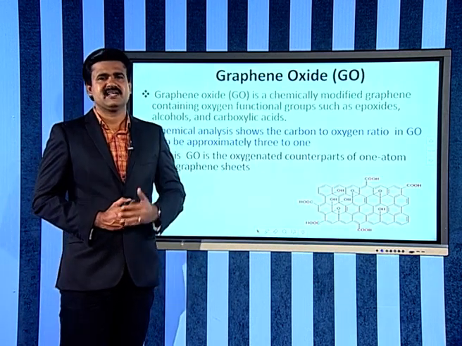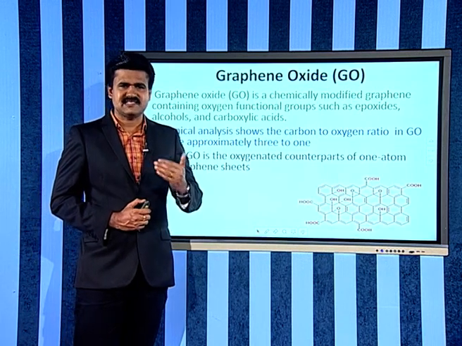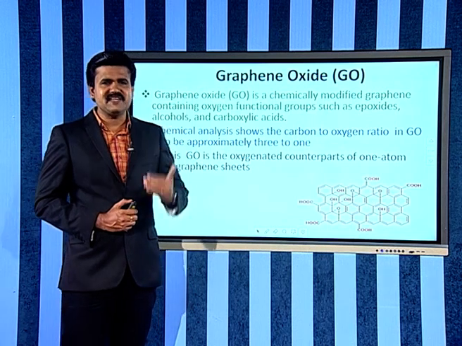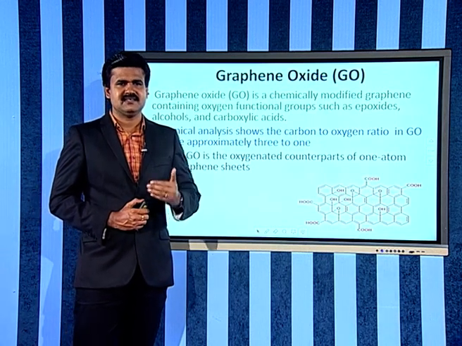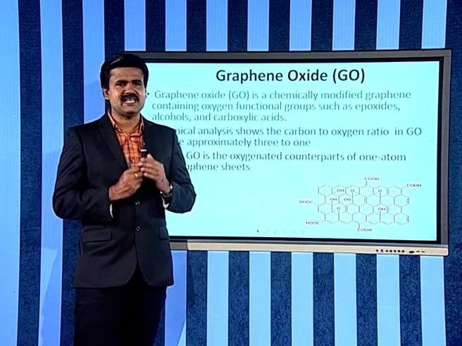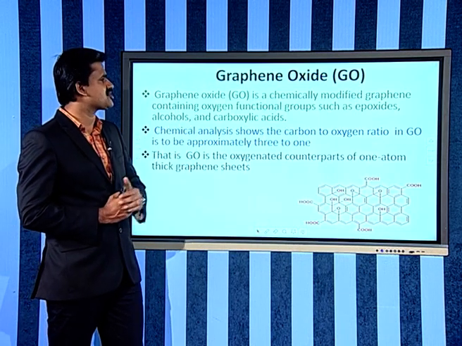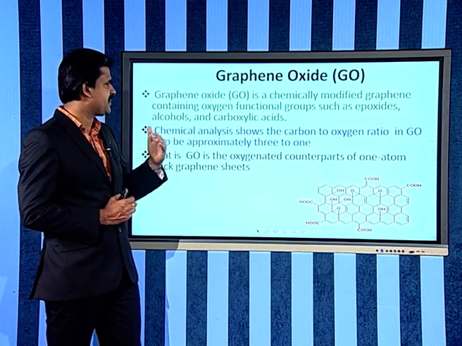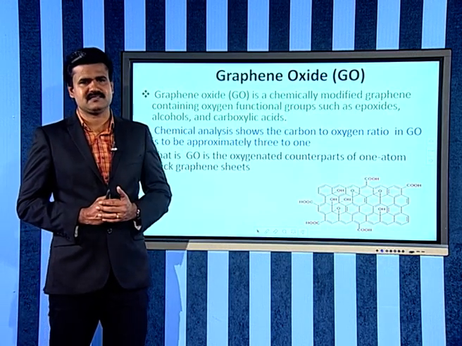Another one, graphene oxide. Graphene oxide is simply a chemical derivative of graphene. Graphene oxide is notated as GO. GO is chemically modified graphene containing oxygen functional groups such as epoxides, alcohols, and carboxylic acids.